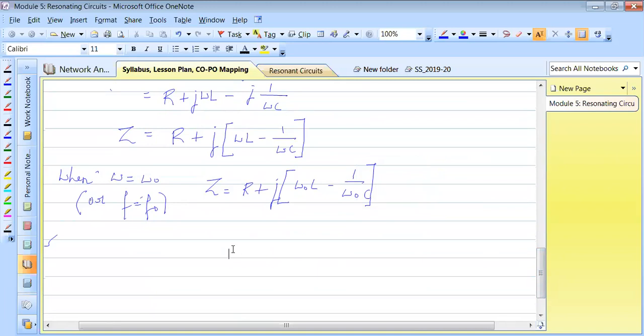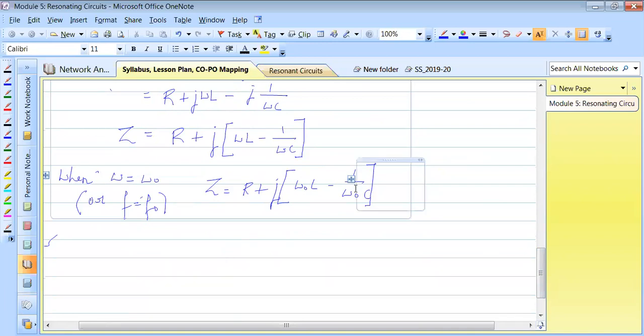Everybody is okay with that? Now, what is it that we are seeing? This is the XL part, this is the XC part. Omega naught L is the magnitude of the reactance of the inductor, and this is the reactance of the capacitor.